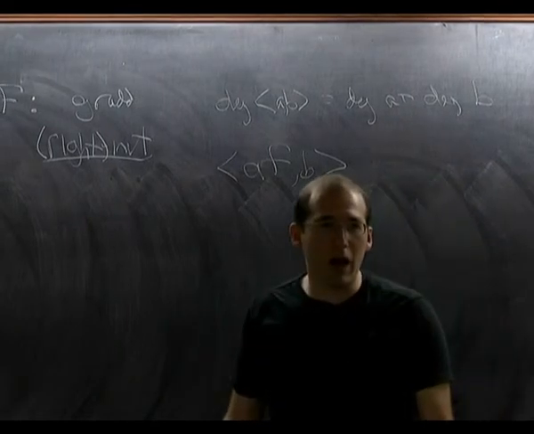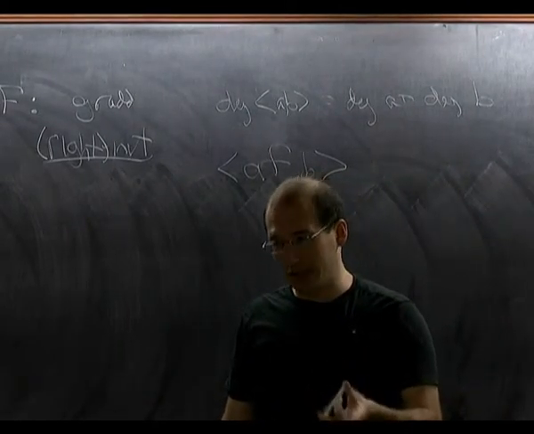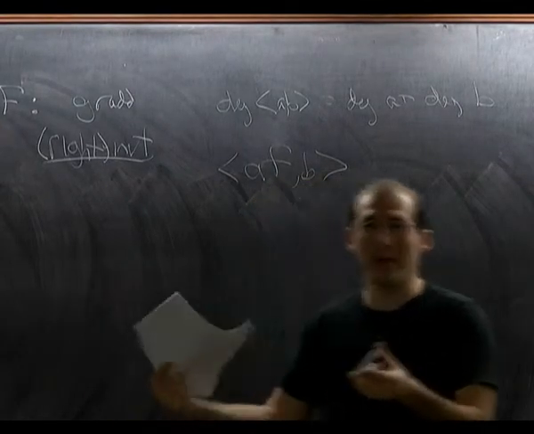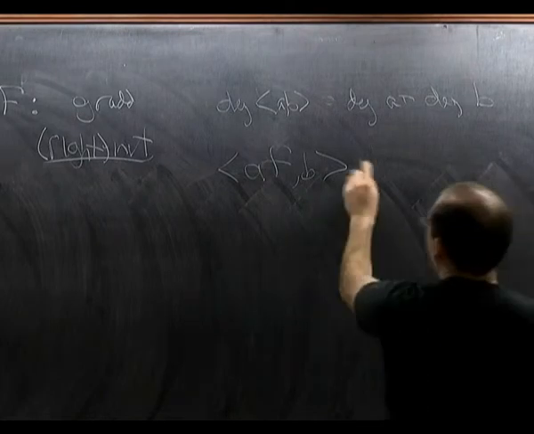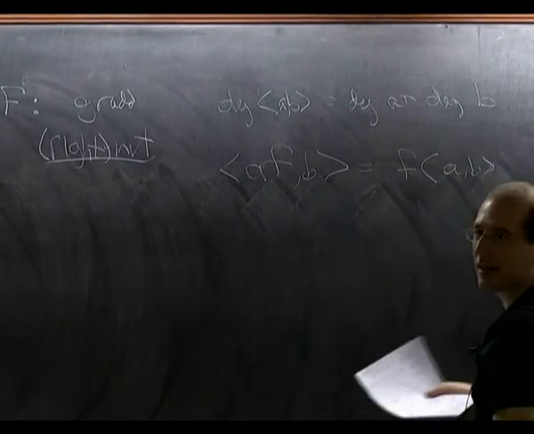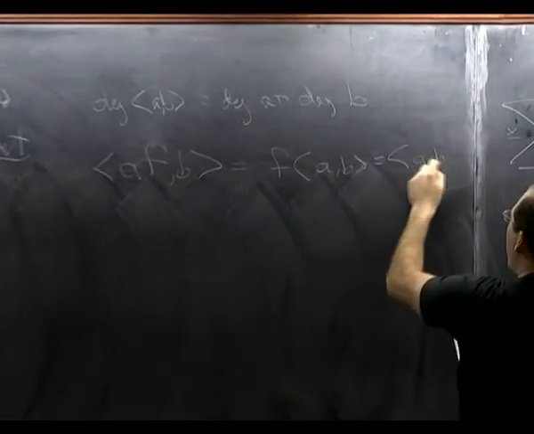What are we doing? We're taking a times b, and then right multiplying by f, and taking the coefficient of c top by right multiplication. Obviously, this f comes out. And it didn't matter whether we multiplied a on the right or b on the right.